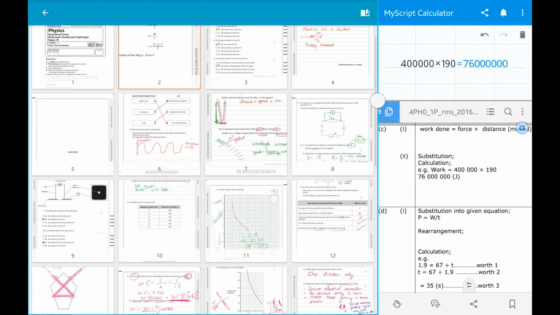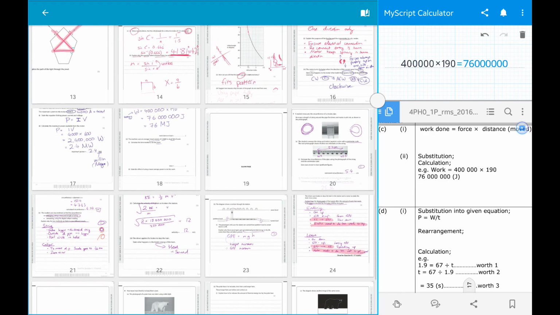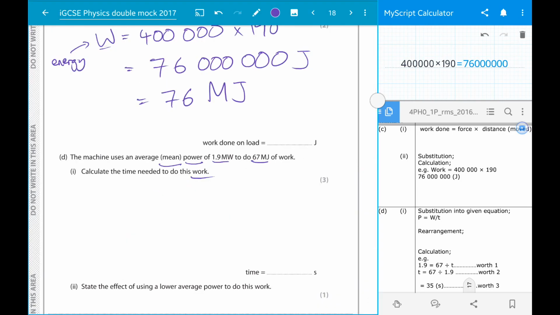Let's go back to our question, page 18, I think. Calculate the time needed to do this work. Power equals work divided by time. Rearrange this equation and you get time equals work divided by power.